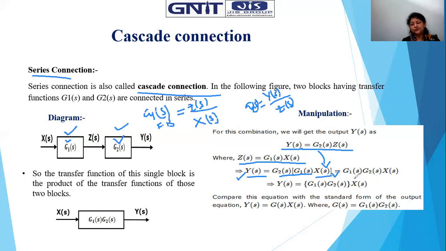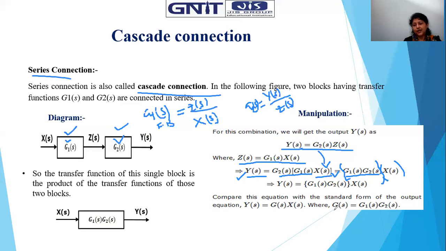So leaving XS aside, we have G1S multiplied with G2S. That is the transfer function if YS is the output and XS is the Laplace transformation of input. So the final transfer function YS by XS is G1S into G2S, right?